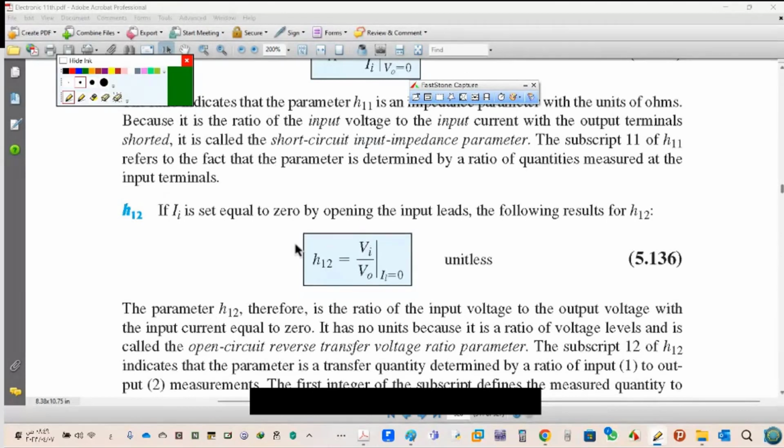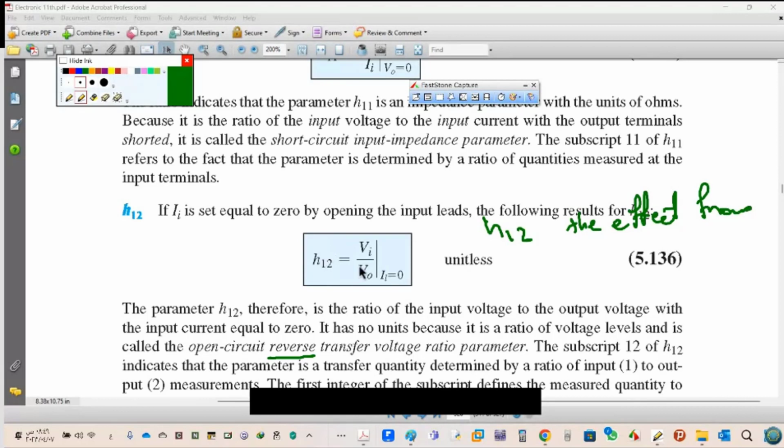The effect from input volt to output. But here you have the word reverse. In H12, we will study the effect from 2 to 1.